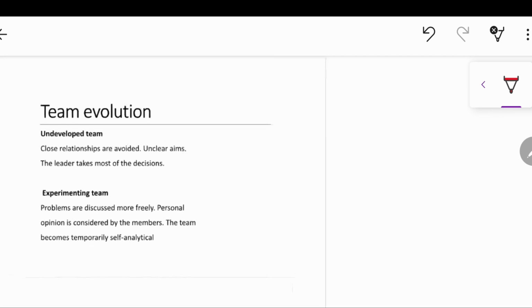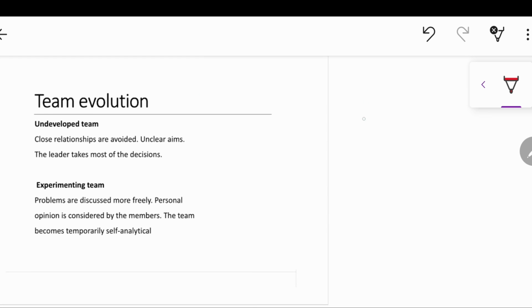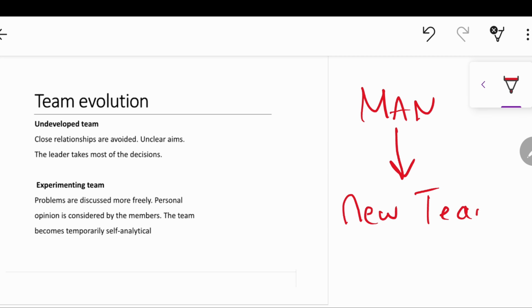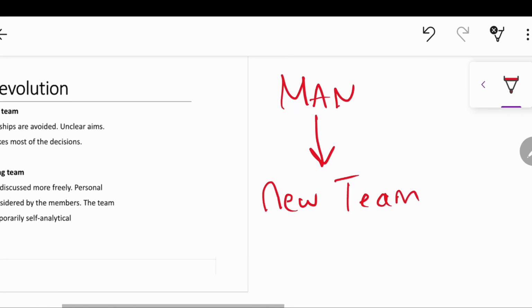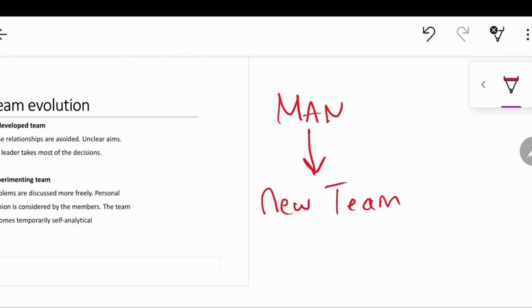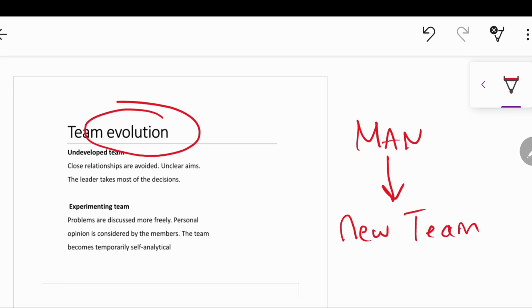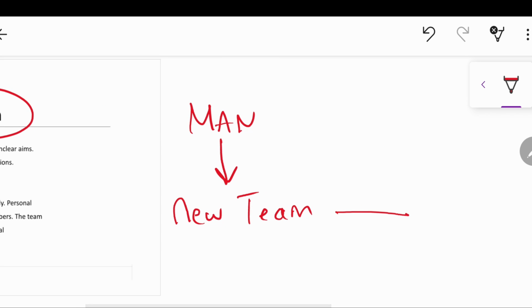Now, once a manager has established a team, so a manager has made a new team, the team isn't going to be all buddy straight away. It's going to take time to evolve the team into its final product.